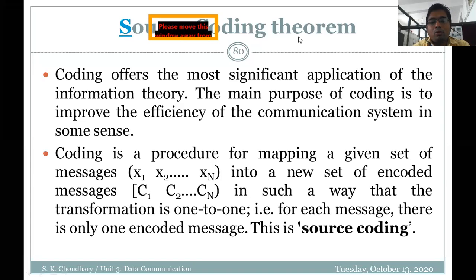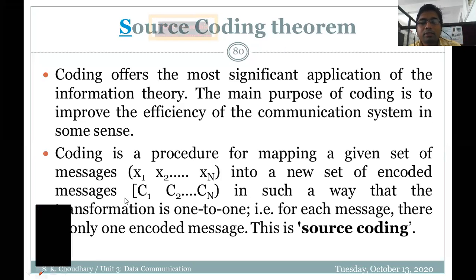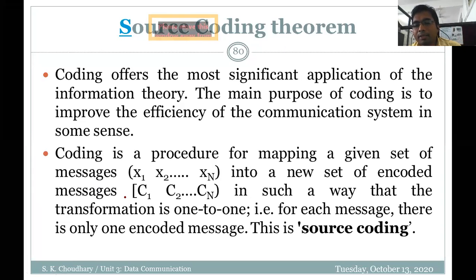You can say coding is a procedure for mapping a given set of messages, for example x1, x2 up to xn, into a new set of encoded messages represented by C1, C2 and Cn, in such a way that the transformation is one to one from the message or source symbols x1, x2 to the encoded messages C1, C2.